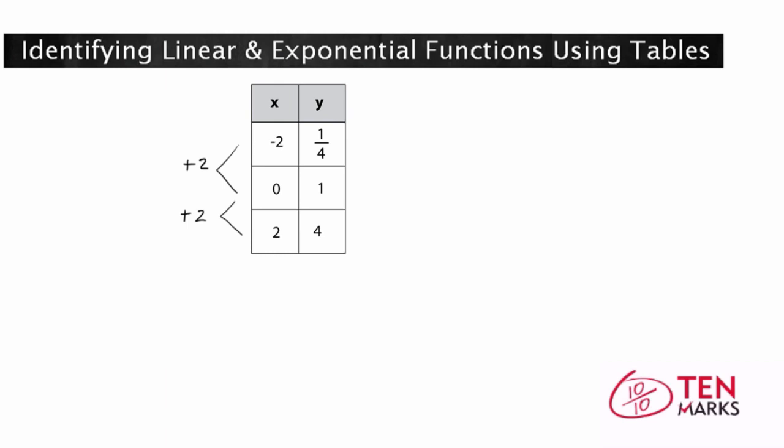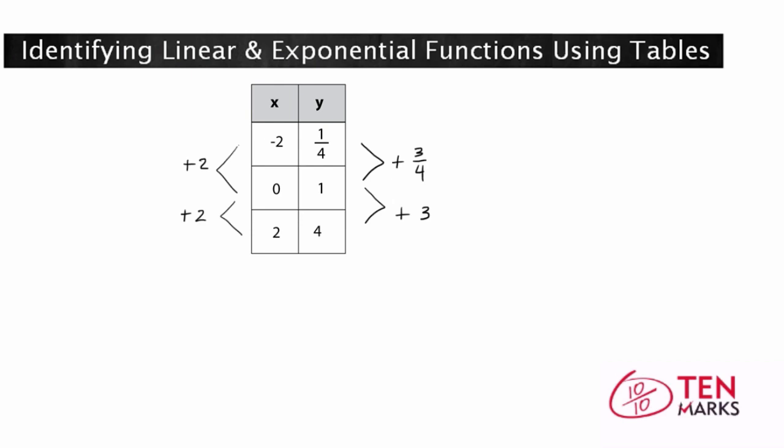To get from 1/4 to 1, you're increasing the y value by 3/4. And then to get from 1 to 4, you're increasing the y value 3 units. So while the x's are increasing at a constant rate, the y values are not increasing at a constant rate.